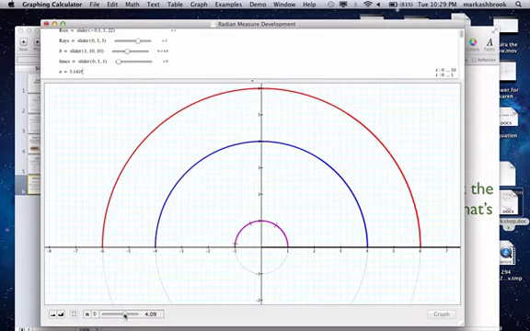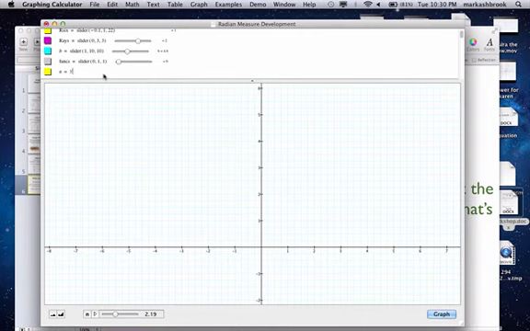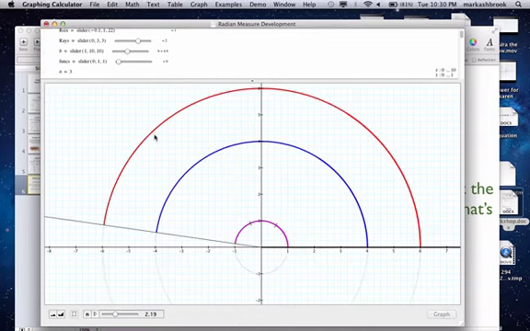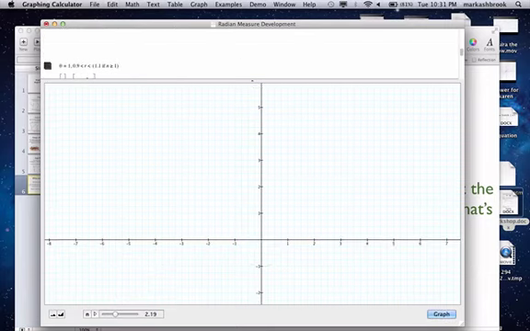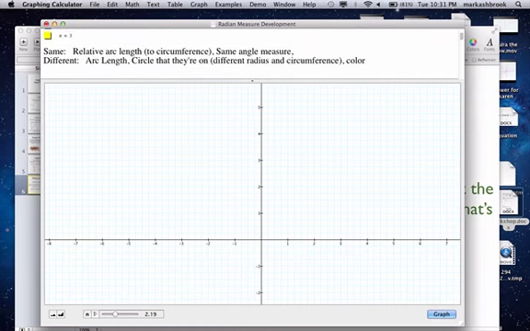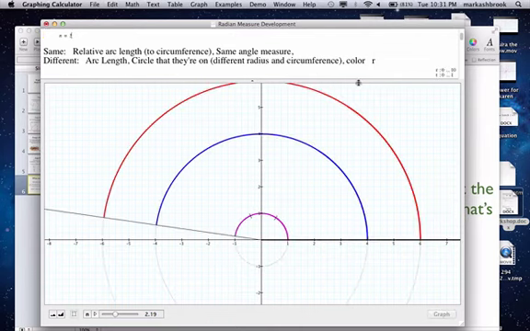Then for the last activity, I put it back at 3. So we put the number of radius lengths to 3, and then we made a table for each of the 3 colors.